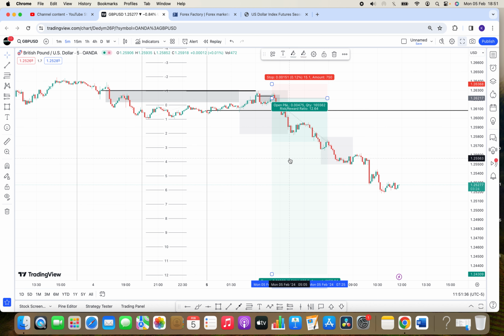Like for instance, if I saw during this time I'm sitting in 4, so that's 3 multiples down, so it's 1, 2, 3 during New York session, and there was a news event close to this time, like at 7:30, I would be looking at scaling out, or depending on seasonal tendencies, what news event it is, the current market structure, I'd be looking at scaling in or scaling out of that position.